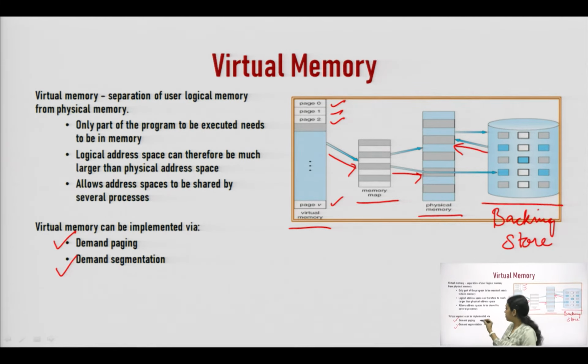Here in this lecture we are going to cover demand paging, but just to give a quick overview of demand segmentation, let me cover this one first. Segmentation is a concept where we divide our address space into blocks of unequal size. In paging, all the pages are of the same size, and correspondingly we have frames of the same size.